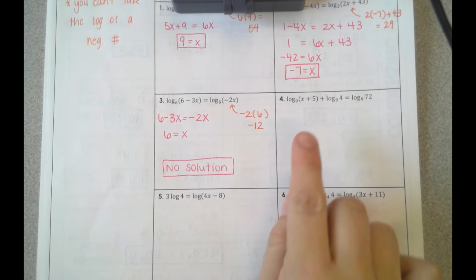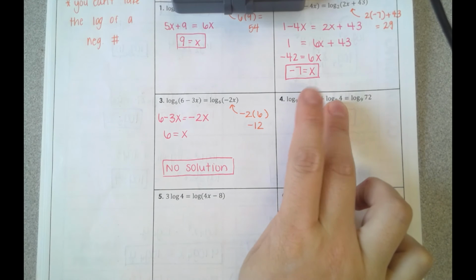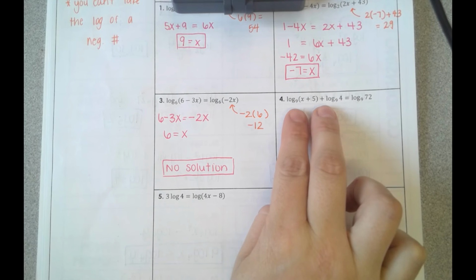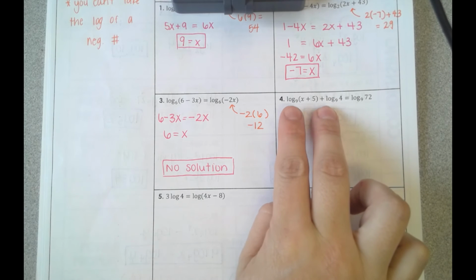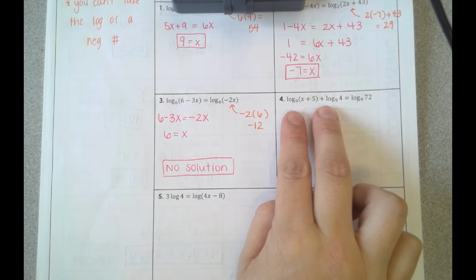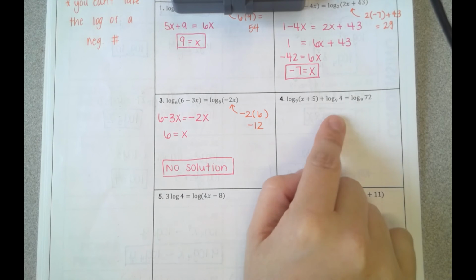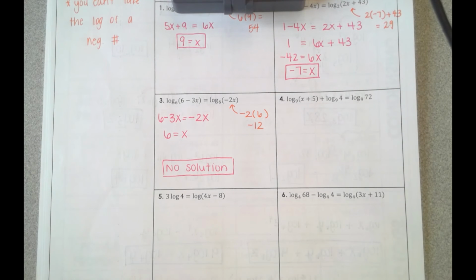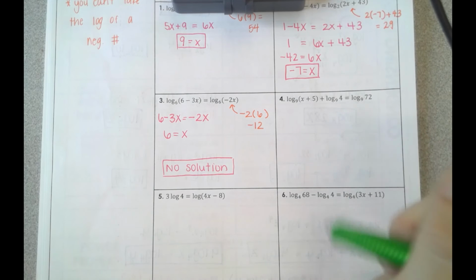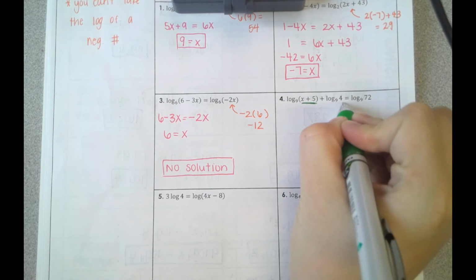Once we get to number 4, we're going to have to start condensing. So we're going to have to think back to the properties that we learned last week. Remember, you did that Google form, the Mad Lib Google form with that. So here I have 2 logs that are being added. If I want to condense them into one log, there's something I have to do with the x plus 5 and the 4.